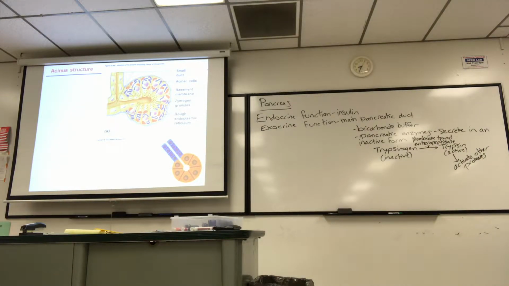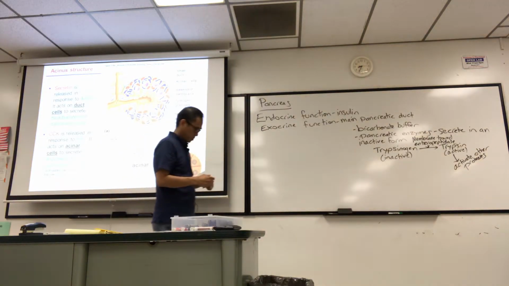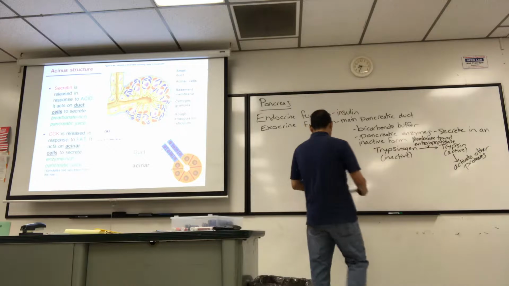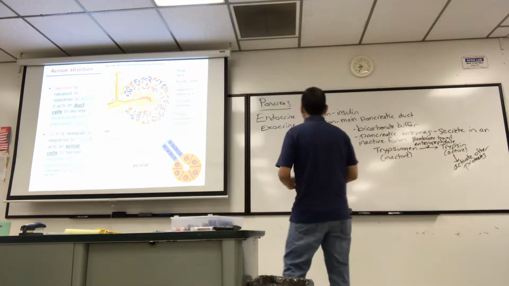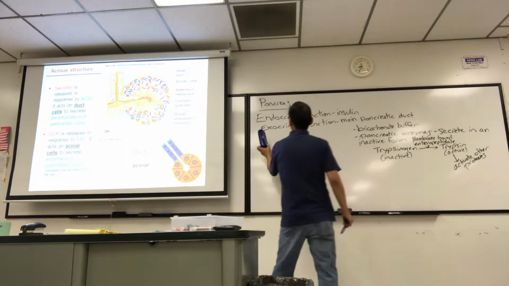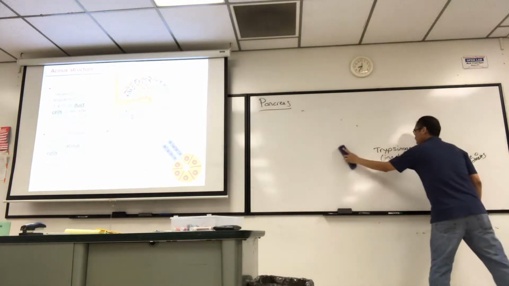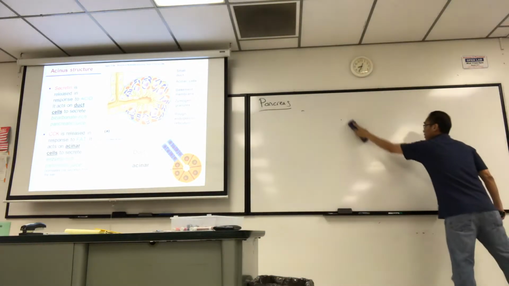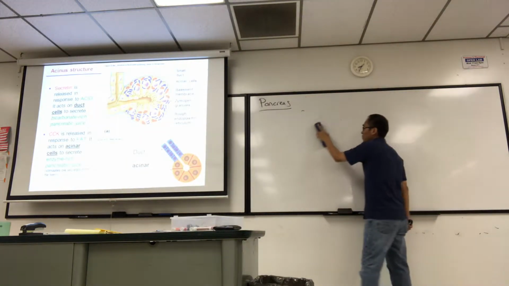Now, if you were to look at these exocrine glands under the microscope, I want you to know this, we call it this acinus structure. This picture down below. For example, you have these duct cells. Let me erase the board. Because the duct cells and the acinar cells will secrete different things.